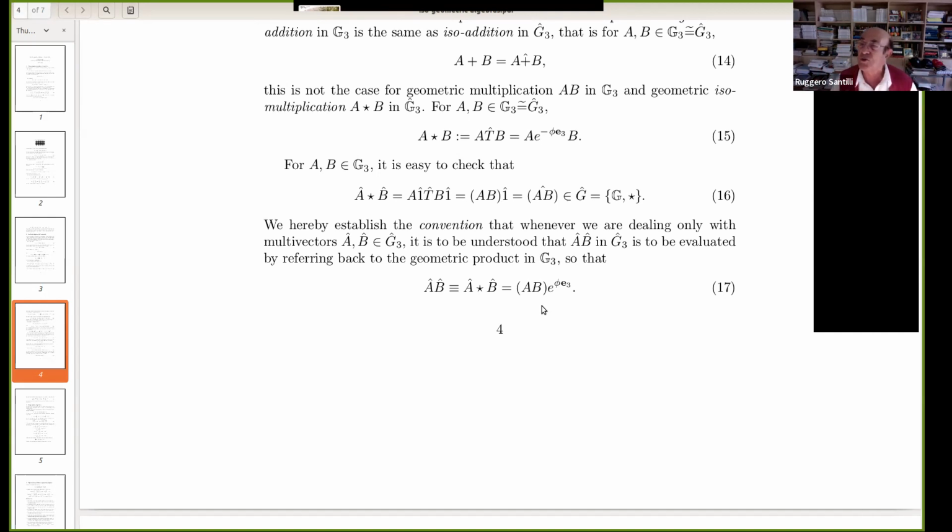Why? Because it is true only for the two-dimensional representation of the isotopic SU2 algebra. If you go to the three-dimensional representation, that rule is no longer applicable. You have to restrict this rule 13 only to scalars.